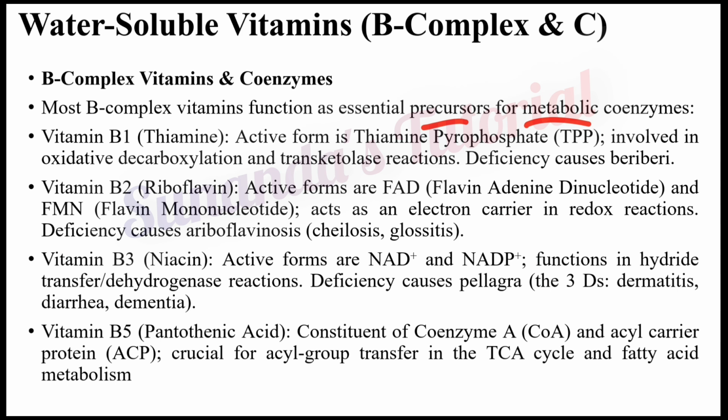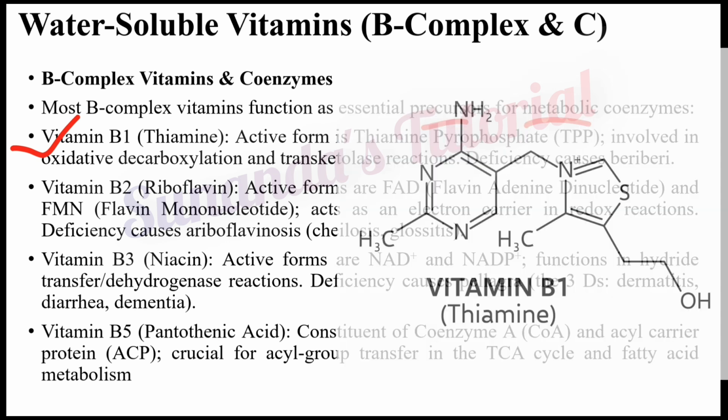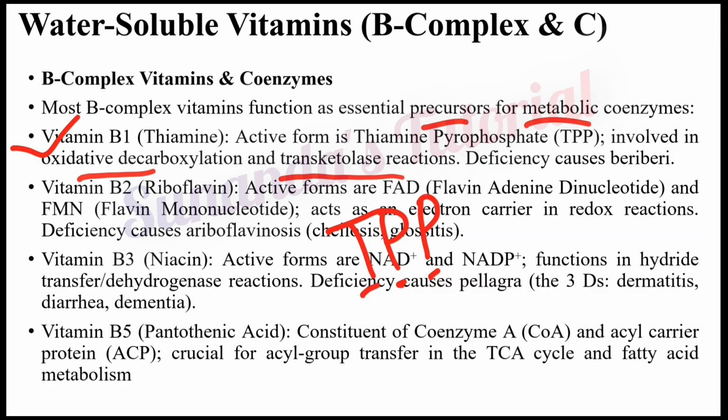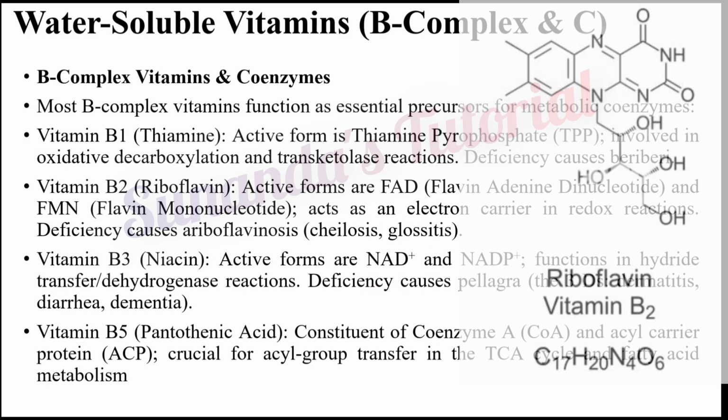At first, thiamine or vitamin B1. The active form of vitamin B1 is thiamine pyrophosphate, TPP, involved in oxidative decarboxylation and transketolase reaction. Next is vitamin B2, riboflavin.